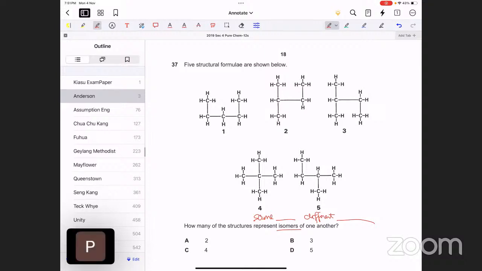If you refer to your notes, okay, later refer to your notes again, it is the same chemical formula, but it is different structural formula. I'm sorry, don't call it chemical structure. They call it structural formula.